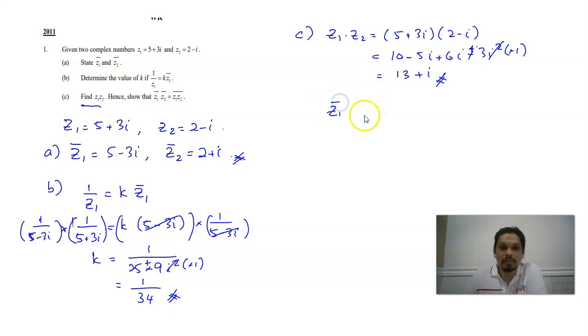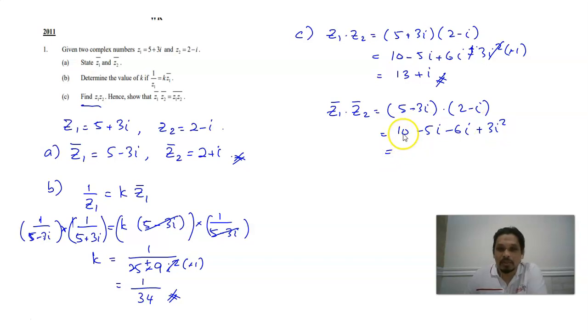Now Z1 bar multiplied with Z2 bar equal to 5 minus 3i and 2 minus i. So 5 times 2 equal to 10. 5 times negative i, minus 5i, negative 3i times 2, minus 6i, and negative 3i times negative i, 3i squared.